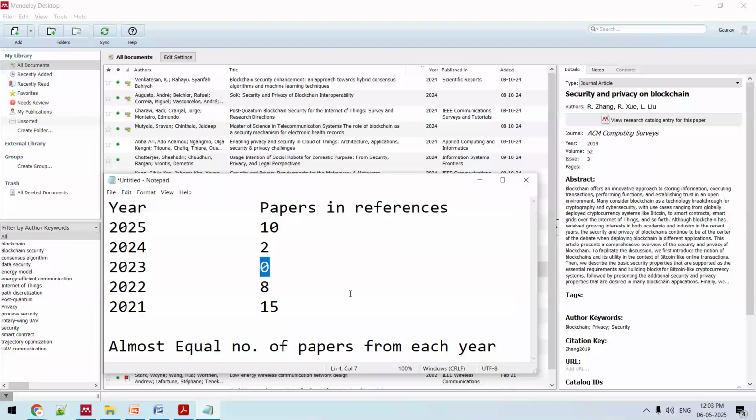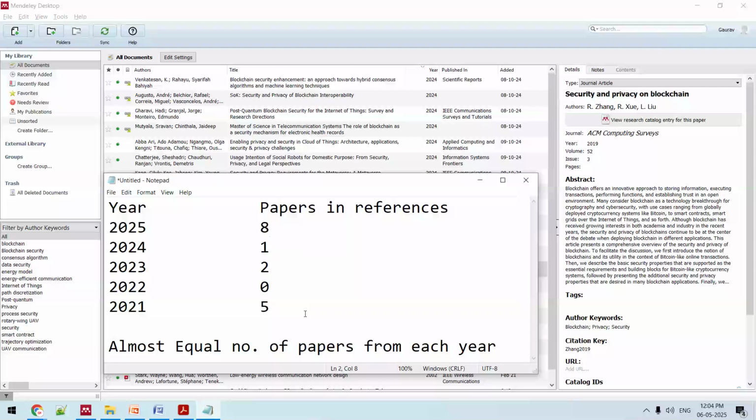It means there is no work done in this area in 2023. So it is also fine: 8 papers, 6, 7, 5, 6, this is also fine. It looks genuine, it looks authentic. It doesn't mean that you need 8 or 10 papers from all years, but the earlier pattern is a very, very bad approach.